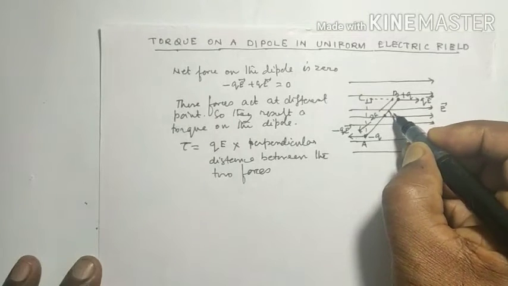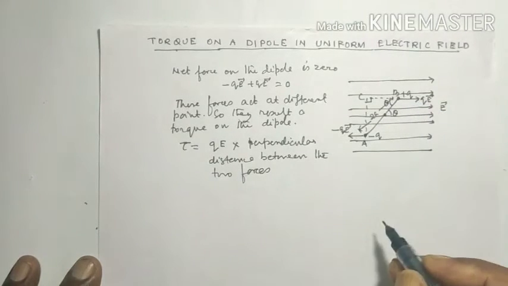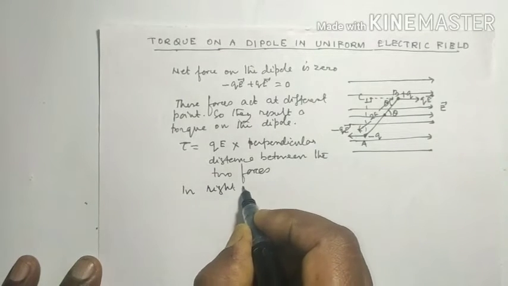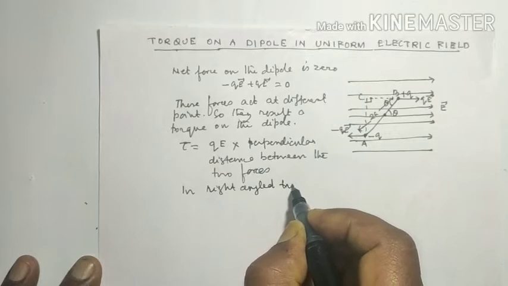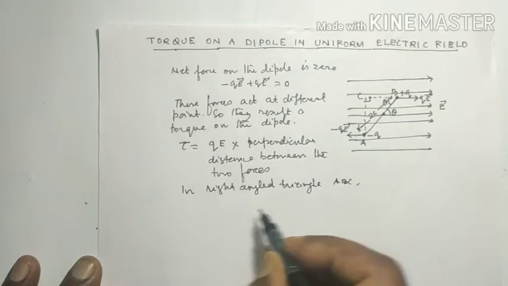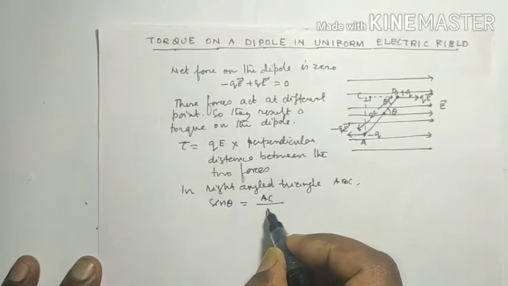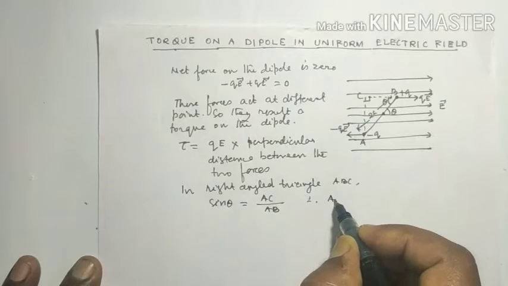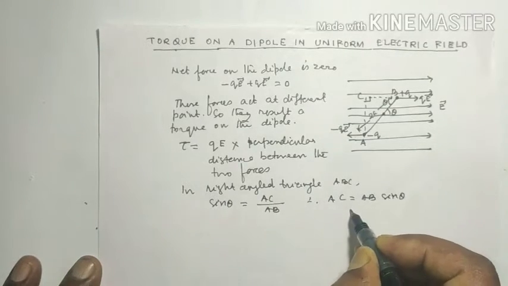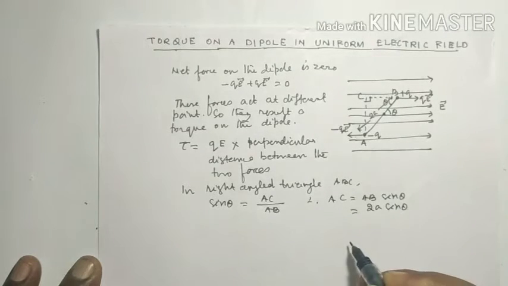Now this angle is theta, so this angle must be theta. So in right angle triangle ABC, sin theta is equal to AC by AB. AC equal to AB sin theta. AB is dipole length 2a, so 2a sin theta.